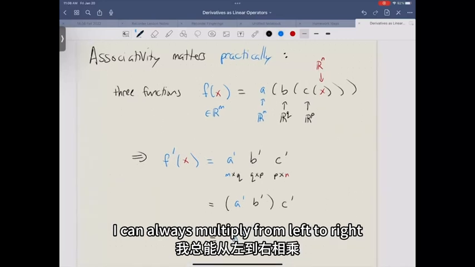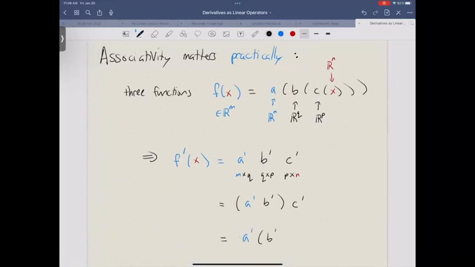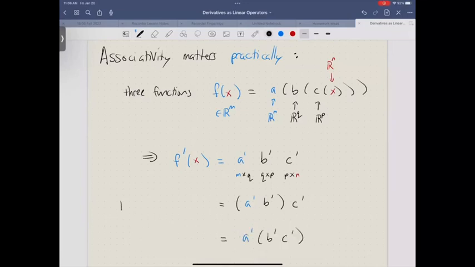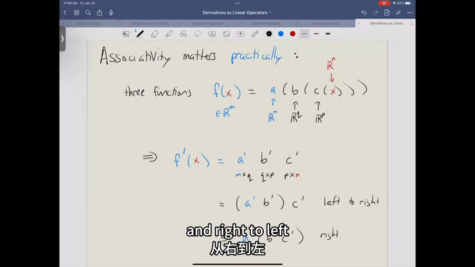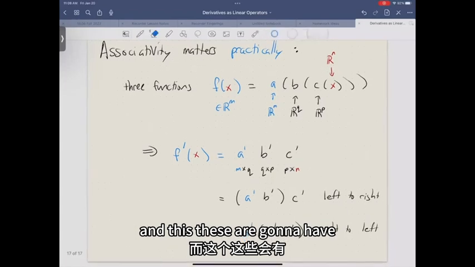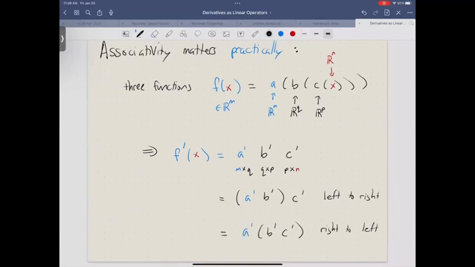I can always multiply from left to right or right to left. So this is doing it left to right and right to left. It seems like, who cares, right?